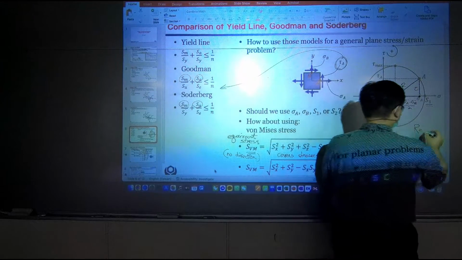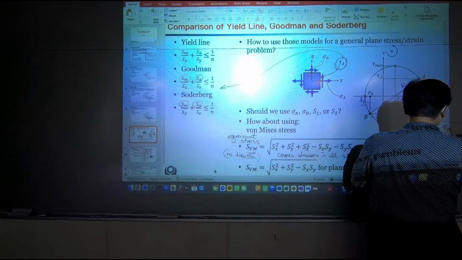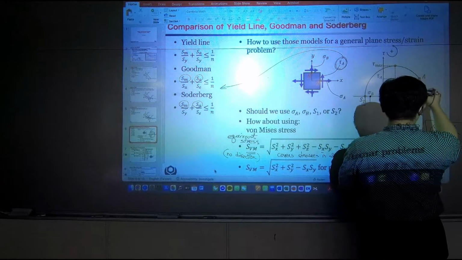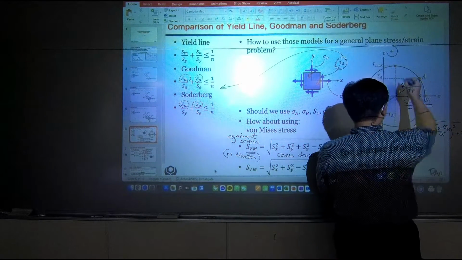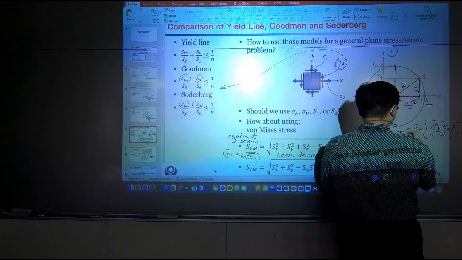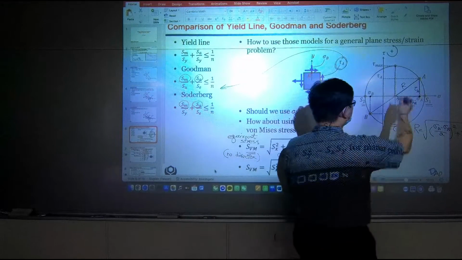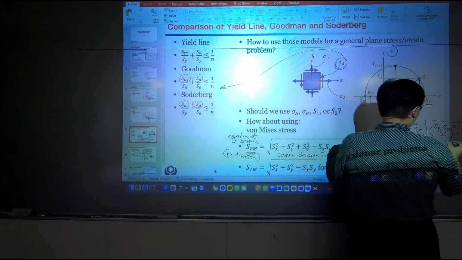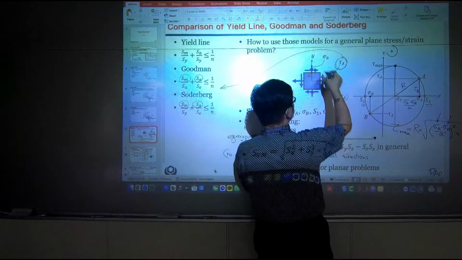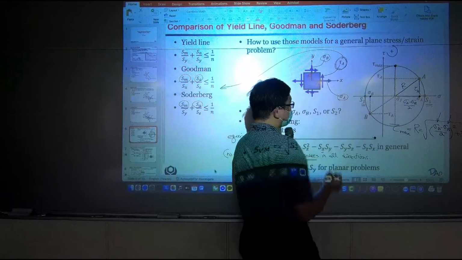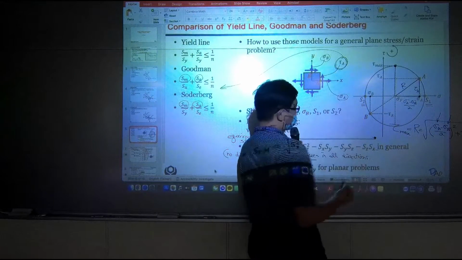Okay, the radius would be the square root of sigma A minus sigma B over 2 squared plus tau A squared. This is your radius, and this is the exact value of your maximum shear. So from here you can see the maximum shear has information of the two normal stresses that this material is carrying, and also the shear stress this material is carrying.